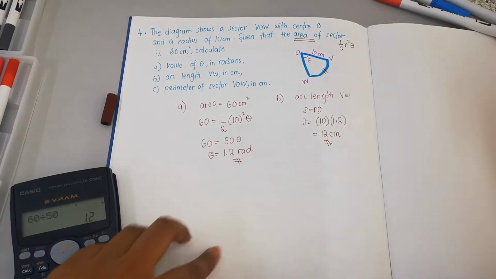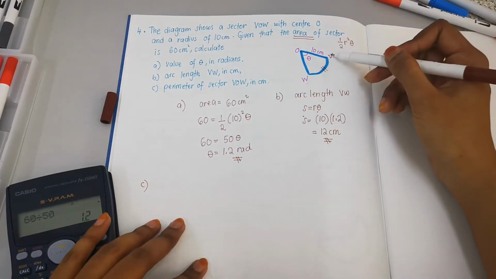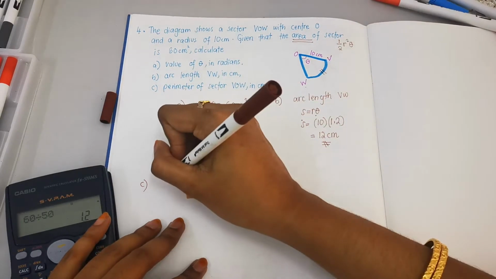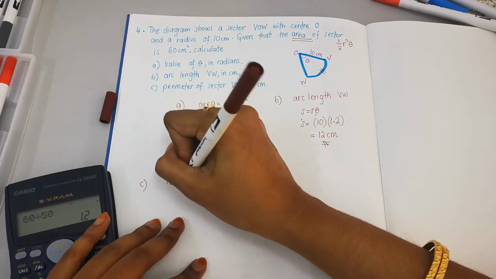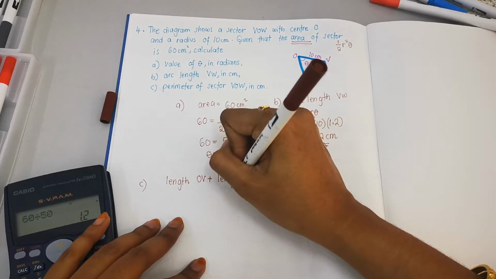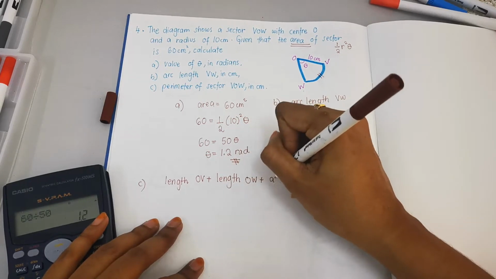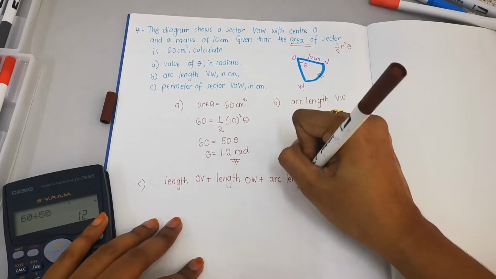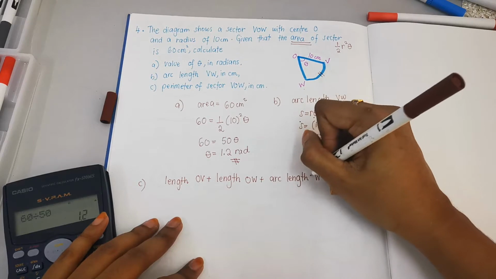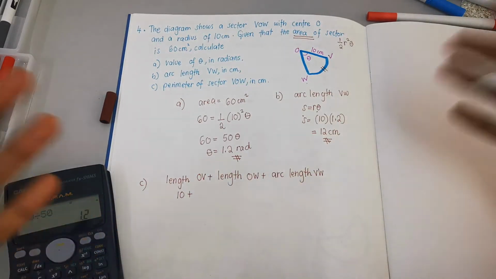Done. And the last one, C, perimeter of the sector VOW, plus everything up. So we have to take the length of OV plus the length of OW plus the arc length. The reason why teacher is writing all this for you is so that you are familiar, because now you're starting.